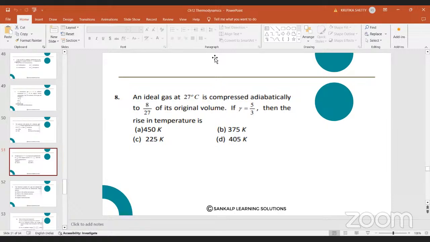Yes, you can try this question, in terms of temperature and volume.